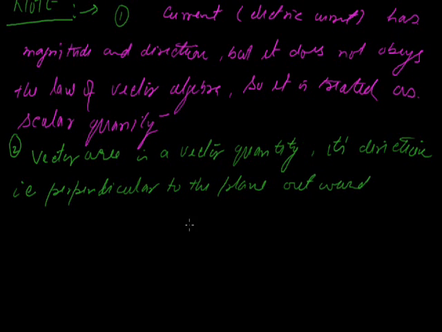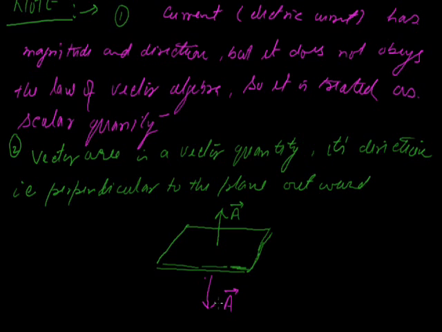For example, this one is a plane. The direction of area of this surface will be upward, or the next surface will be the same but downward.